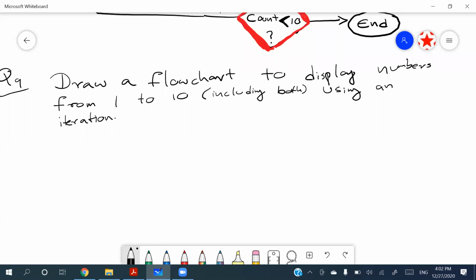Okay, Unetra has sent me the answer. Let's see, Unetra. Now in your one, you are saying enter a number, the count equals 0, so enter a number.